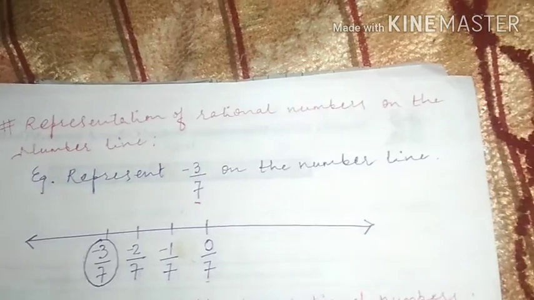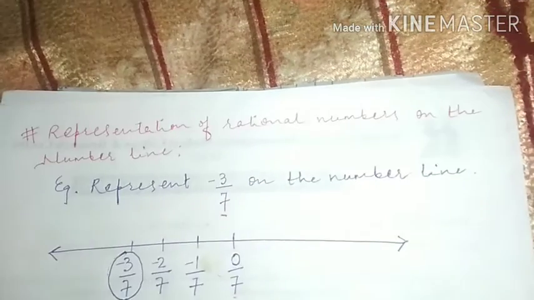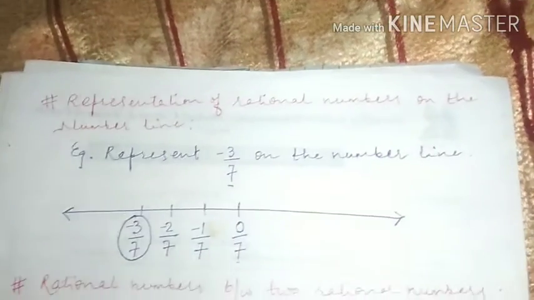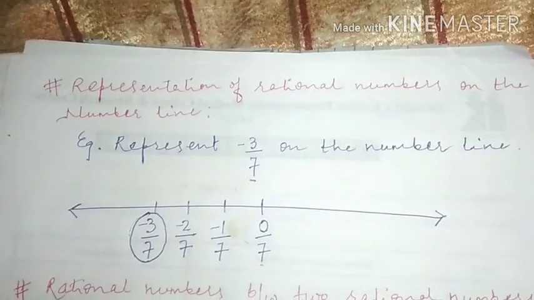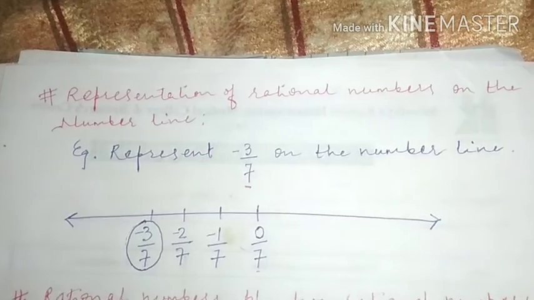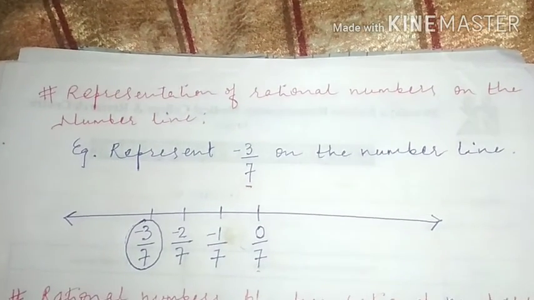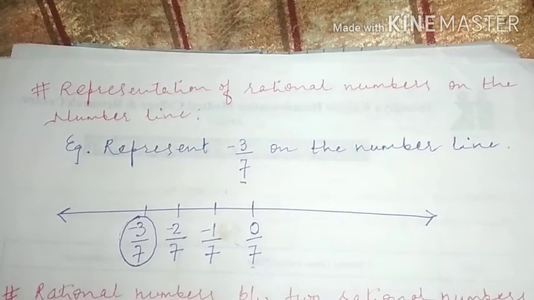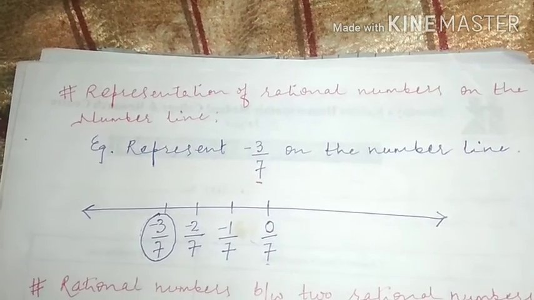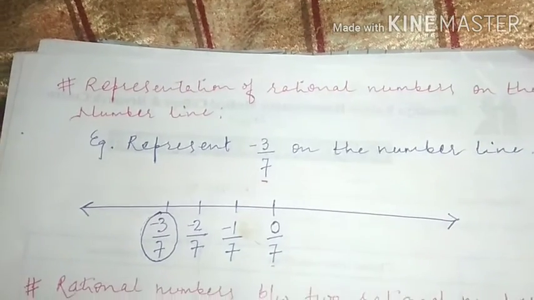If you divide 0 by any number, you always get 0, don't we? So that is why we can write 0 as 0/7, 0/5, 0/8, whatever you want to write. We can write 0 using any number as denominator.